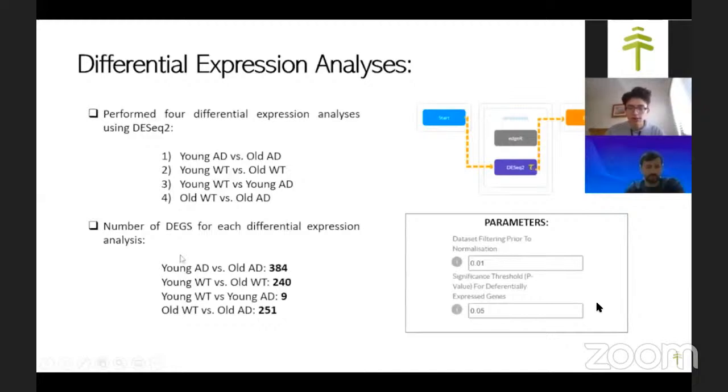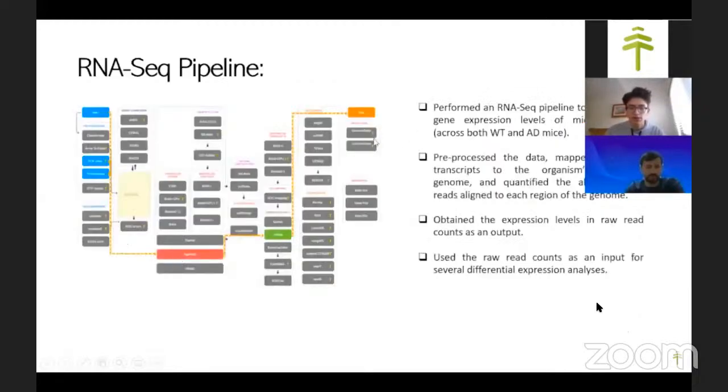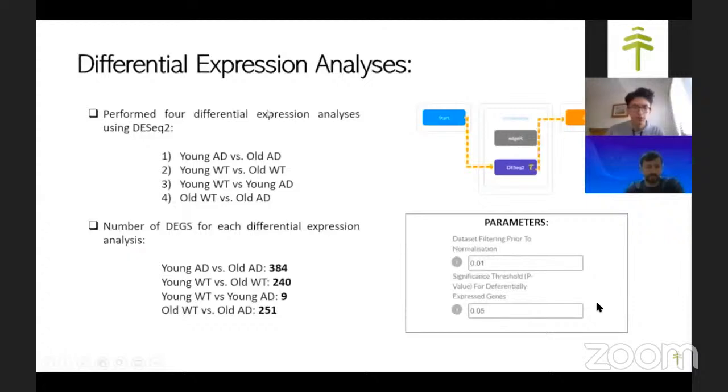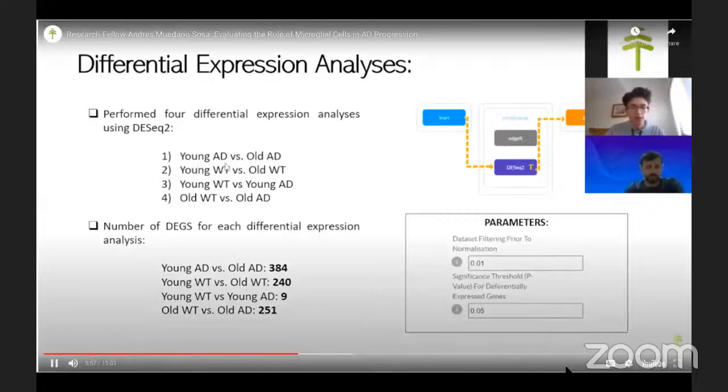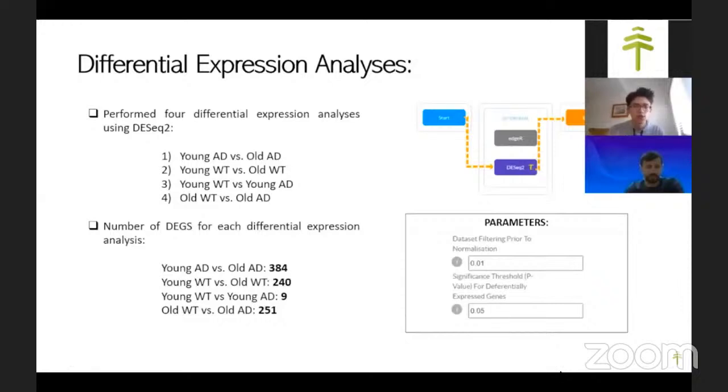Based on this gene expression table that I got, I performed the following differential expression analyses. The first one was young AD versus old AD. So this will allow me to see how the transcriptome of microglial cells varies in pathological conditions as the mice age. Then young wild type versus old wild type.